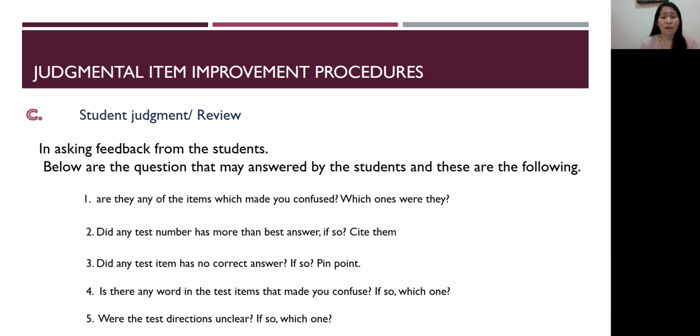Did any test item have more than one best answer? If so, cite them. Did any test item have no correct answer? If so, pinpoint. Is there any word in the test items that made you confused? If so, which one? Were the test directions unclear? If so, which one?